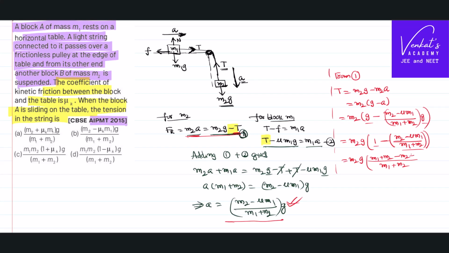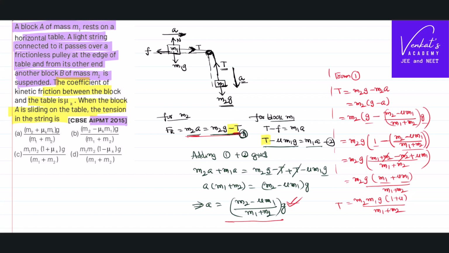Minus of minus becomes plus mu M1. M2 gets cancelled. So what's remaining is M2G of M1 plus mu M1 by M1 plus M2. I can take M1 common in the numerator. M1 M2G of 1 plus mu by M1 plus M2 is the tension.